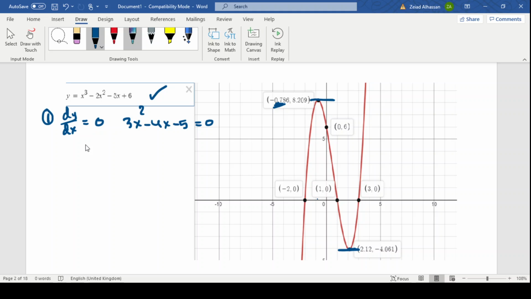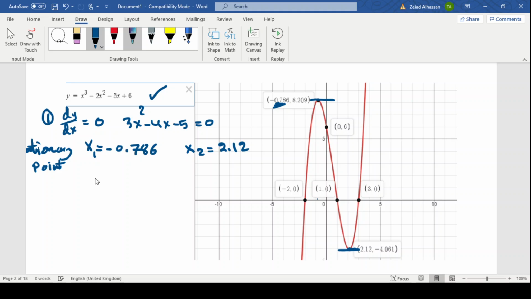So that quadratic, which is the differentiation, has zeros, this value and that value, which are the stationary points. Those are called stationary points, where the differentiation is equal to 0 for this function.